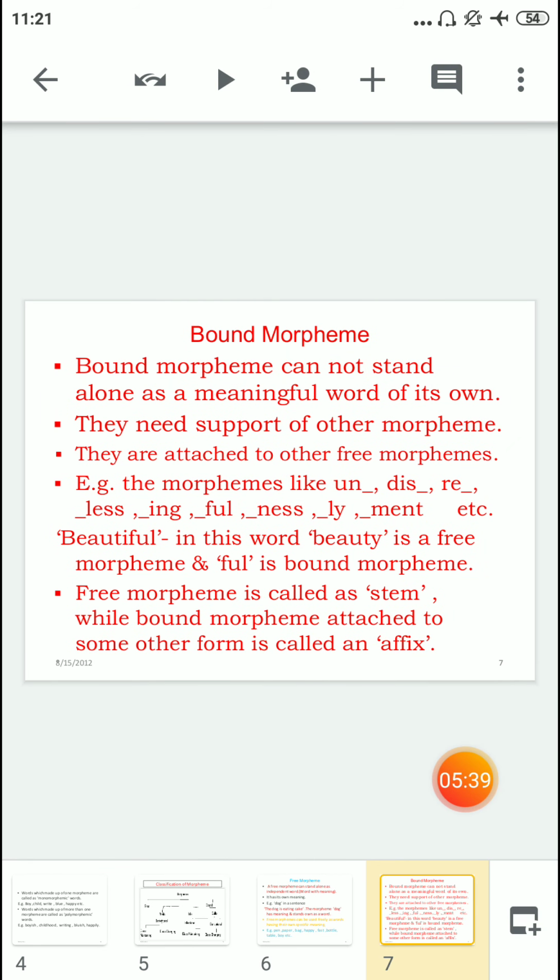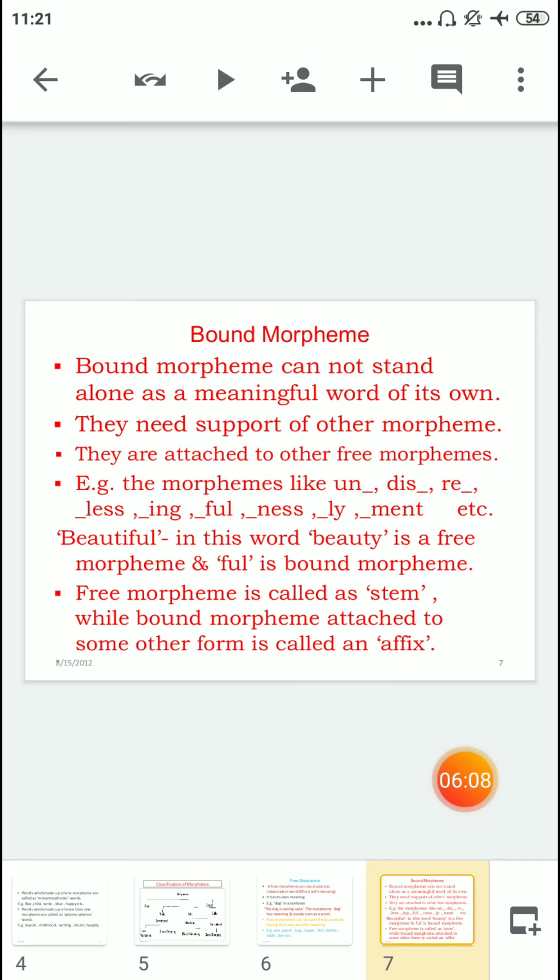Bound morpheme. Bound morphemes cannot stand alone as a meaningful word of their own. Bound morphemes need the support of another morpheme, and that other morpheme is the free morpheme, because a free morpheme can stand alone as a word, but a bound morpheme without the help of a free morpheme cannot have any kind of word meaning.